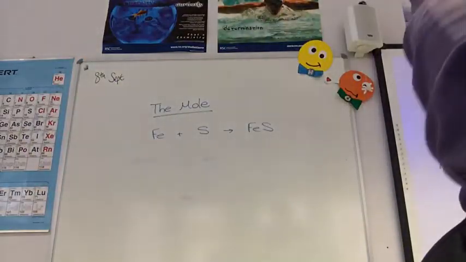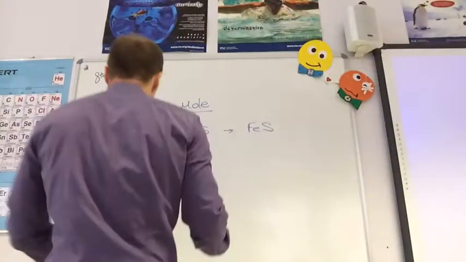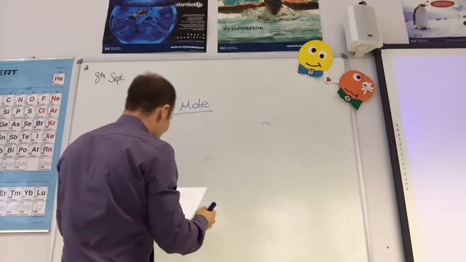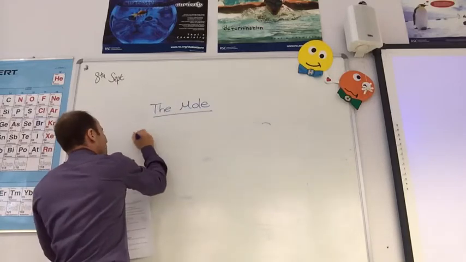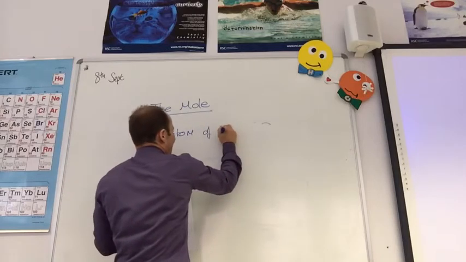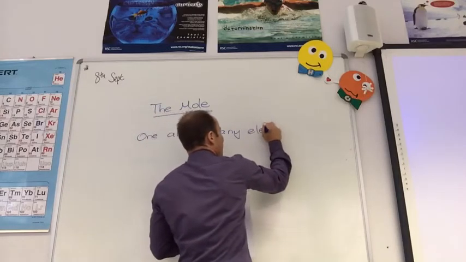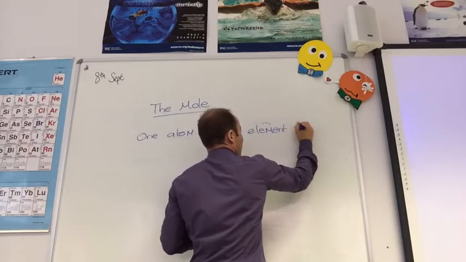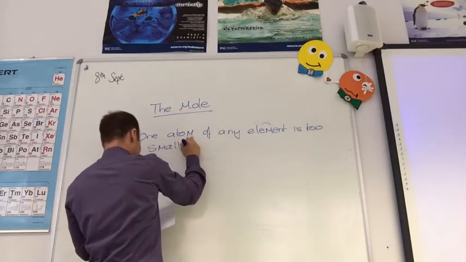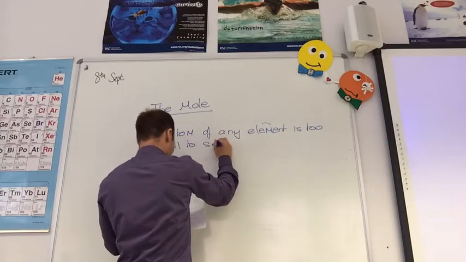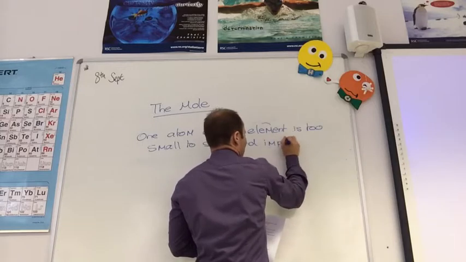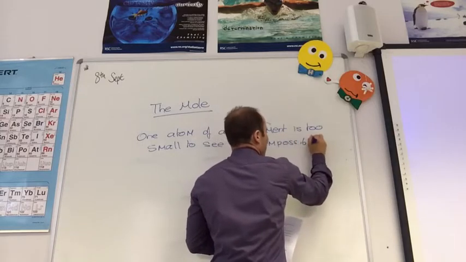Okay, so we're just going to write a little bit about this out. So we'll do the mole. One atom of any element is too small to see and impossible to weigh out using our skills.